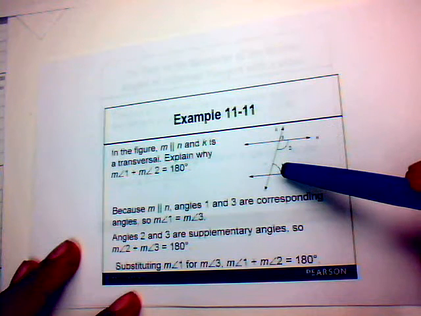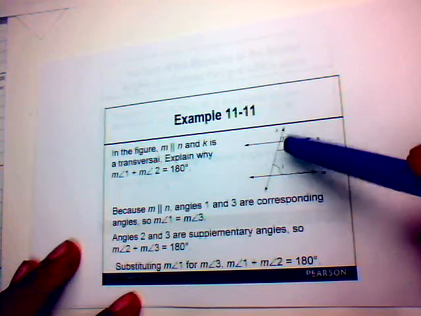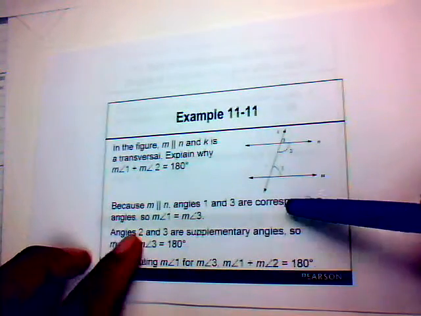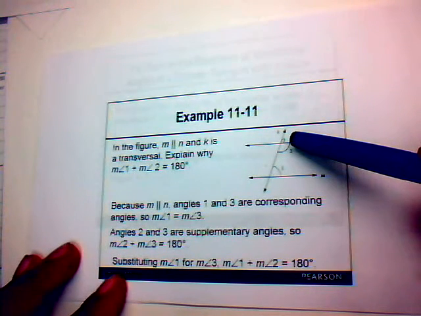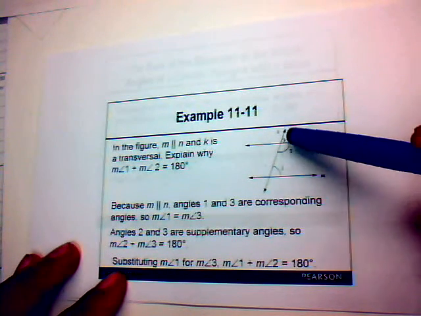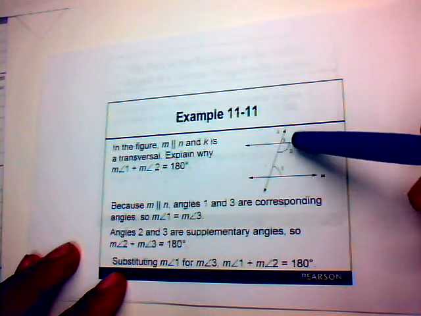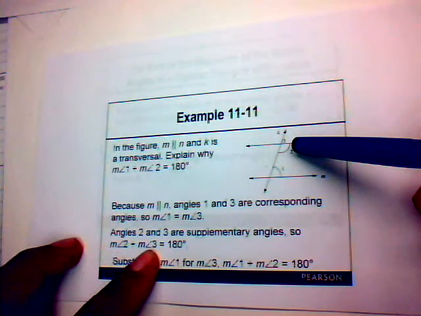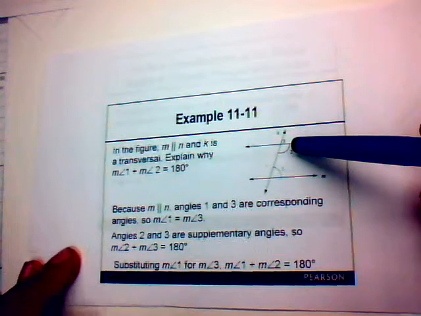So corresponding angles means that the measure of angle 1 is equal to the measure of angle 3. And then compare angle 2 and angle 3. They're supplementary. So the measure of angle 2 plus the measure of angle 3 will be equal to 180 degrees.